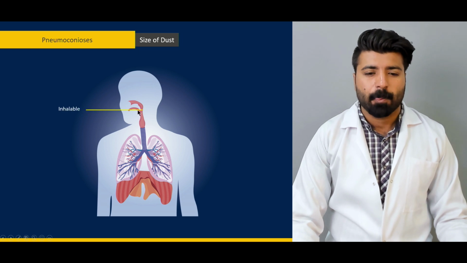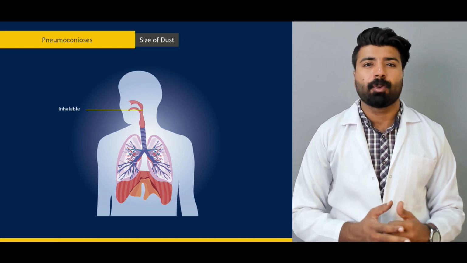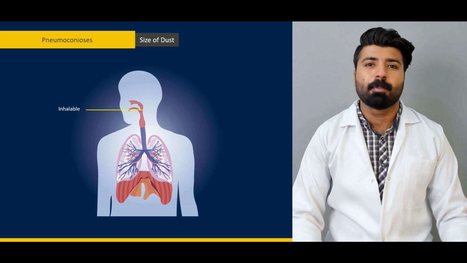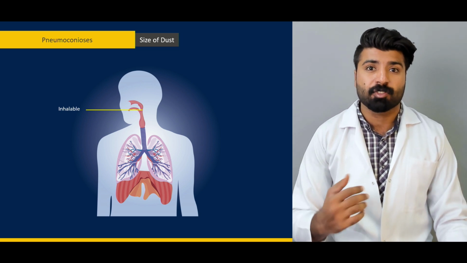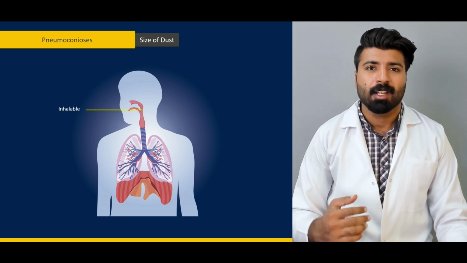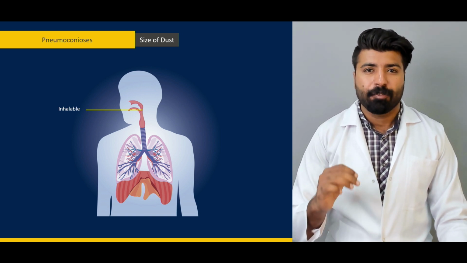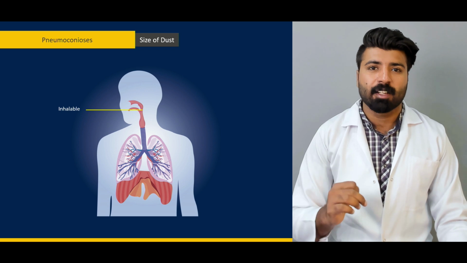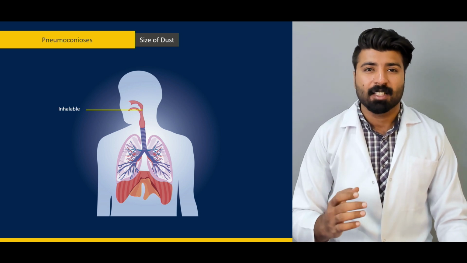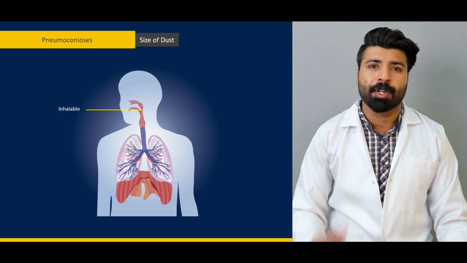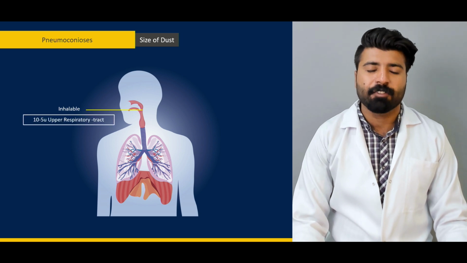First of all, we have to define what inhalable structures, what inhalable elements can go up to the level of alveoli. What structure will stay there, what structure will go out, what size is going to enter, what size is not going to enter. So let's define.